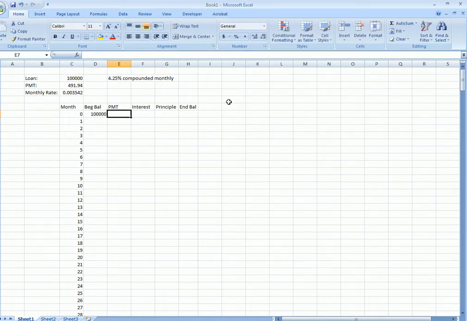Okay, I also want to do the same thing with my payment because I'm assuming that I have a constant payment. That's what a fixed rate loan is known for. So I'm going to hit F4. That locks both the row and the column. If I hit it again, that changes it.